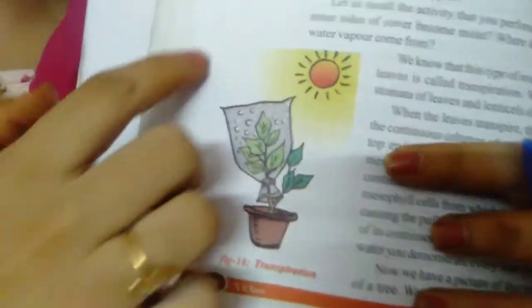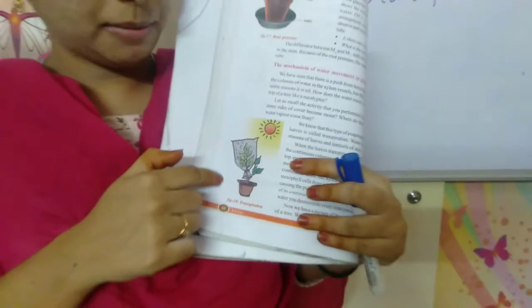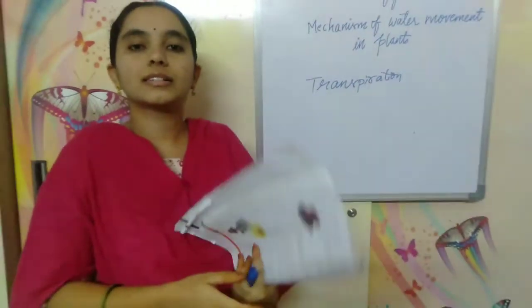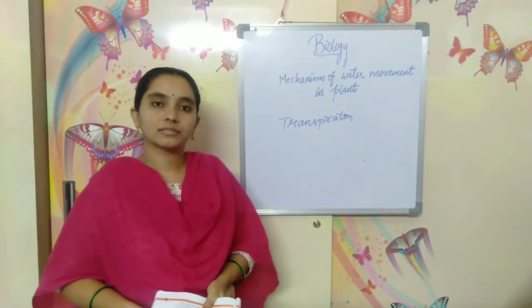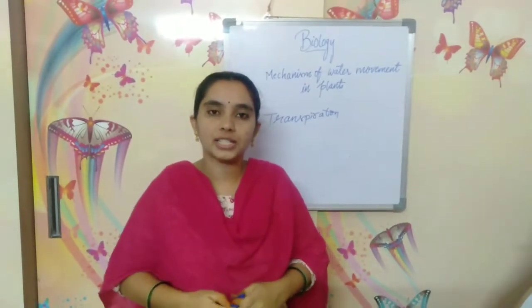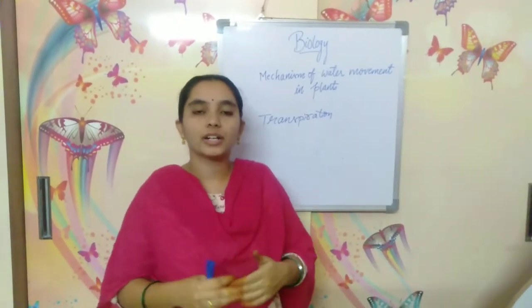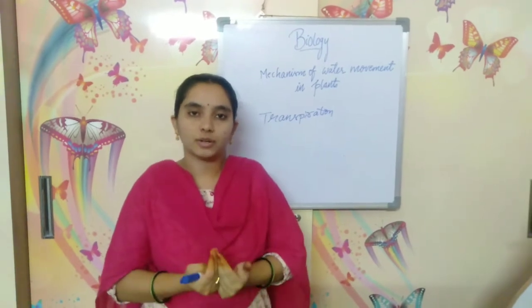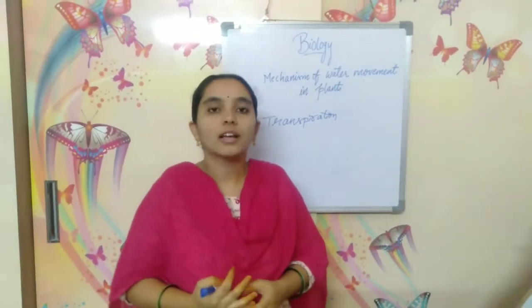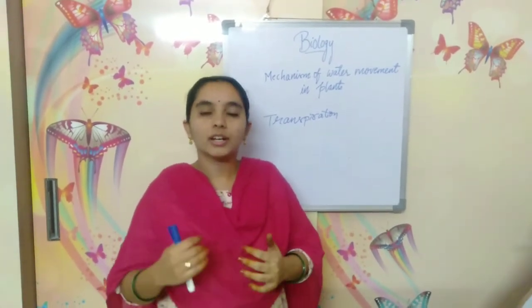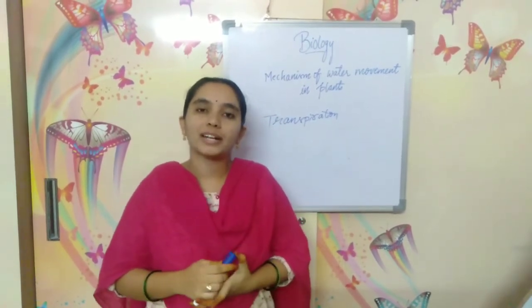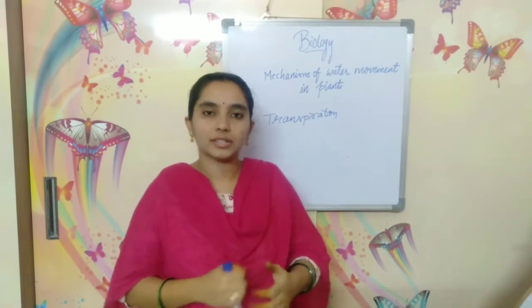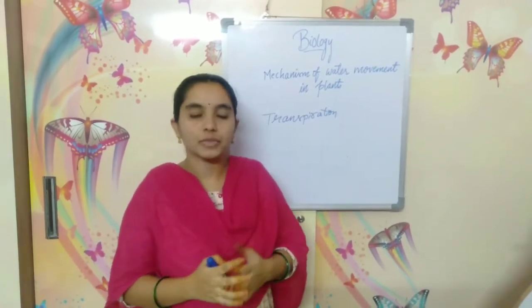This experiment tells you the concept of transpiration. Transpiration is the evaporation of water through the leaves. It takes place with the help of stomata and the lenticels present on the surface of the leaf and stem.